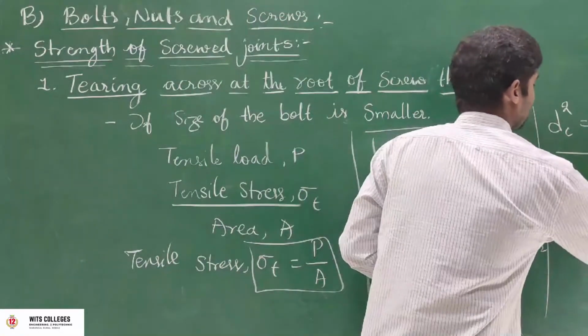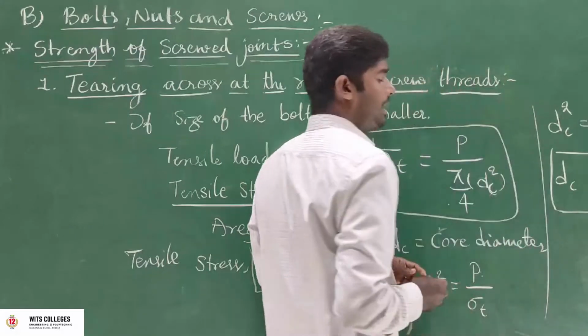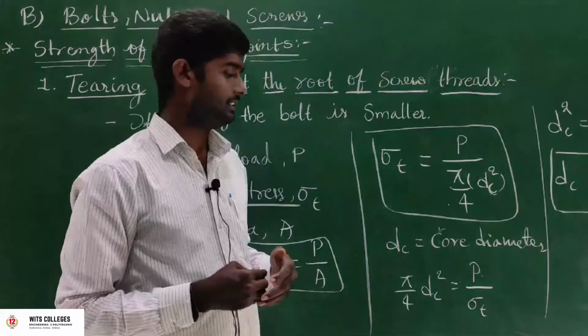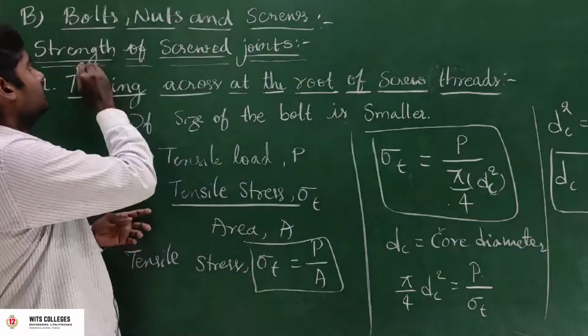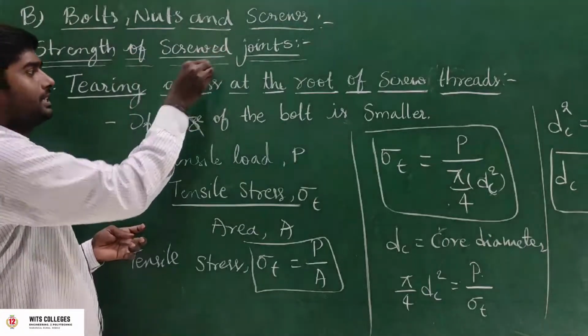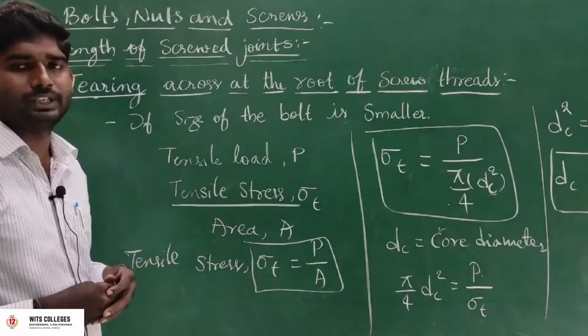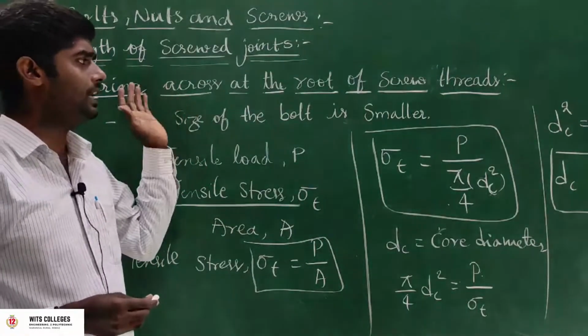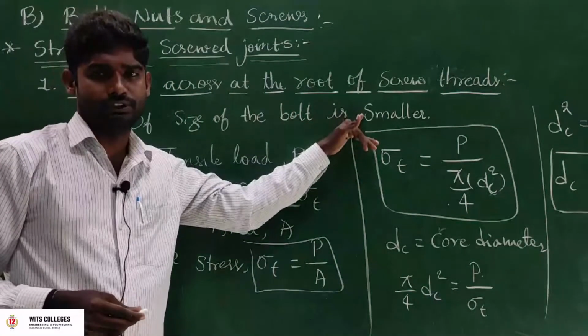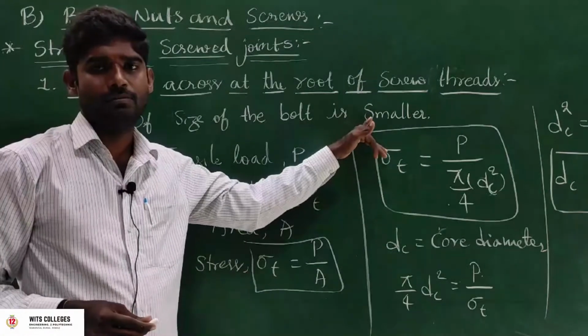If we need to find the core diameter dc in any question, we use the tearing strength of screw, that is, tearing across at the root of the screw thread. We use this for smaller sizes of bolts.